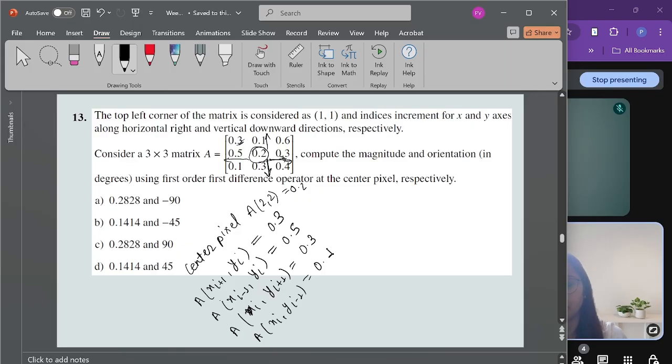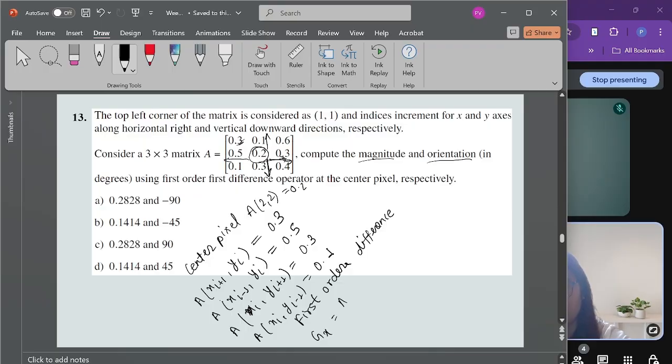Now, because they have asked using the first order difference, we have to calculate the magnitude and orientation. So let's say we first calculate the first order difference, gx.